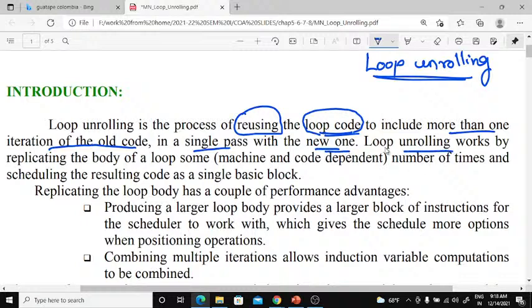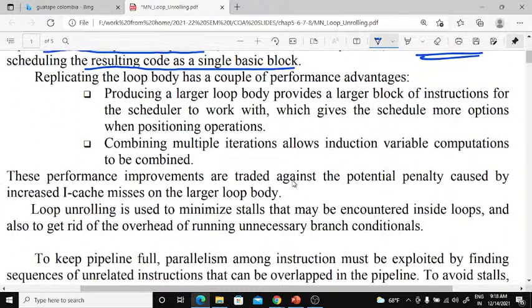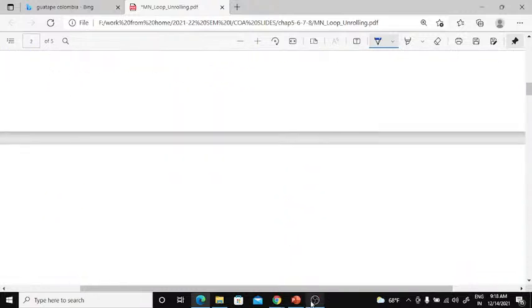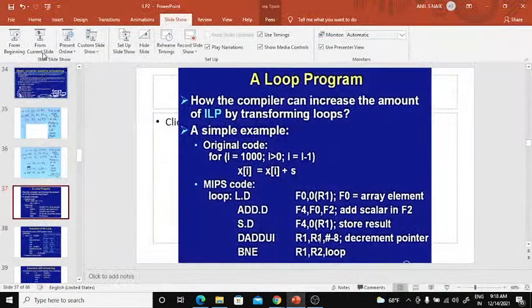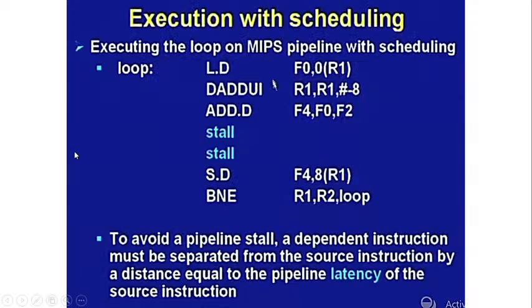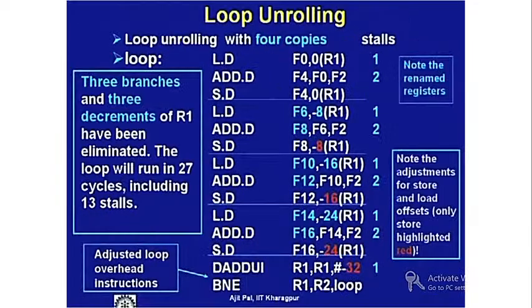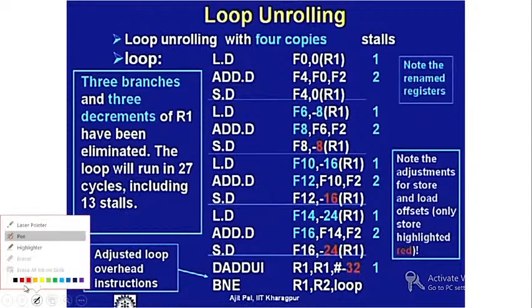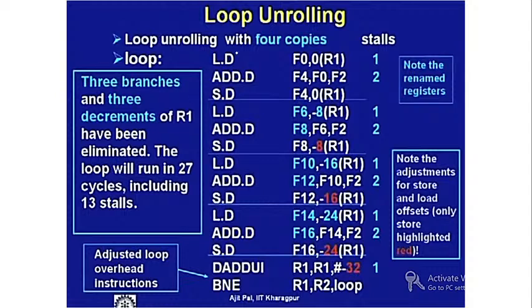Loop unrolling works by replicating the body of the loop some number of times and scheduling the resulting code as a single block. What it does is duplicate. For example, I will show this one. This is the loop instruction.